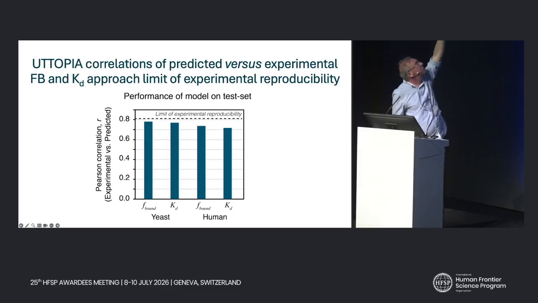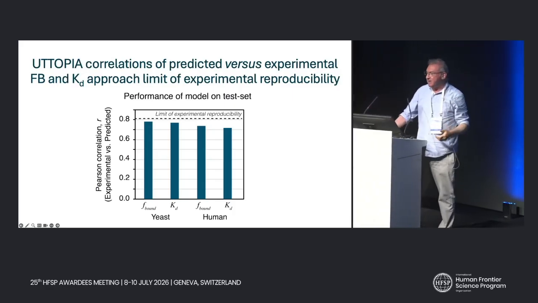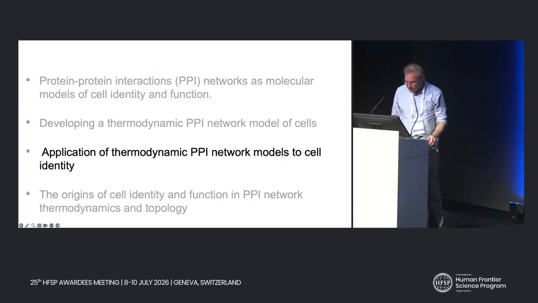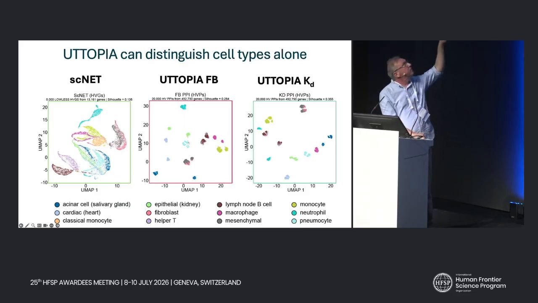For both yeast and human, you can see the limit of experimental reproducibility was that for affinity purification mass spec experiments. And so in an application of this, we can show how our results compare when we do a projection of either functional binding or KD onto the transcriptomes of these different cell lines, compared to, say, the best method that exists today, which is SCNet.